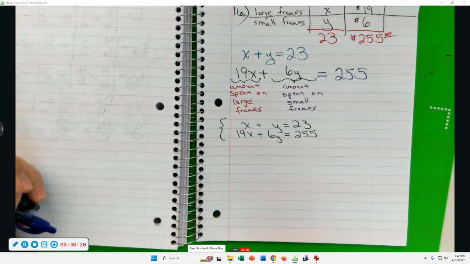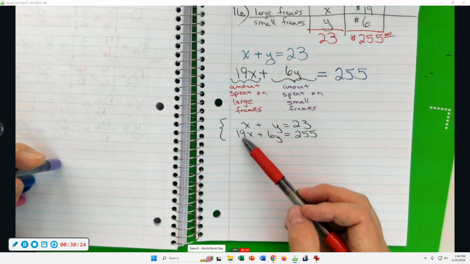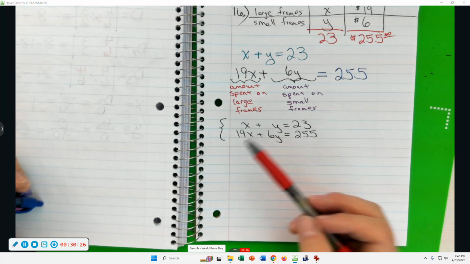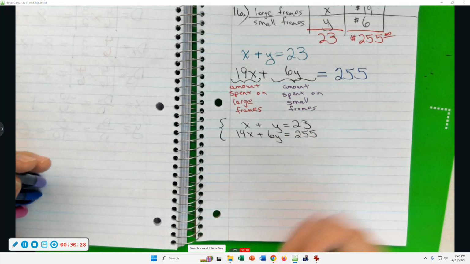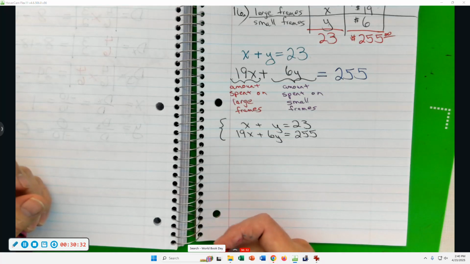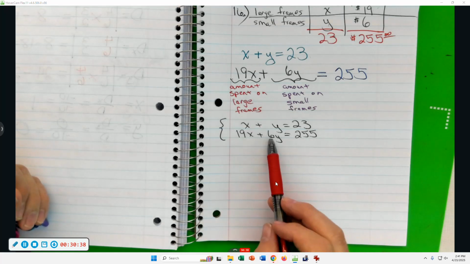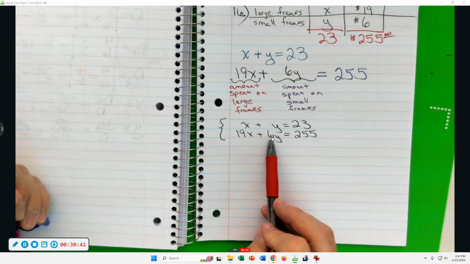Unfortunately, we don't have the same coefficient for any like variables. Here we have a 1 and a 19 on x. Here we have a 1 and a 6 on y. I'm going to have to get the same coefficient but opposite signs. I'm going to work with the one that has the smaller coefficient. That's 6 right there.